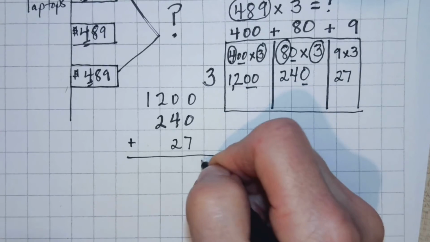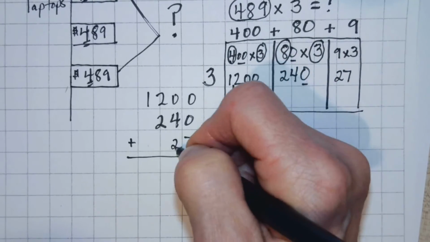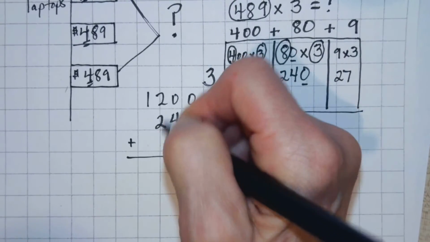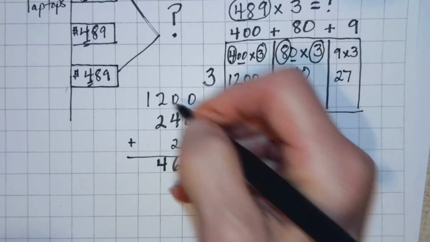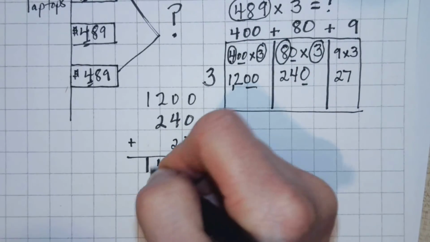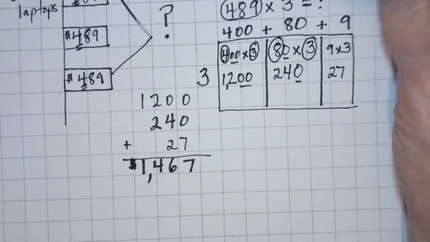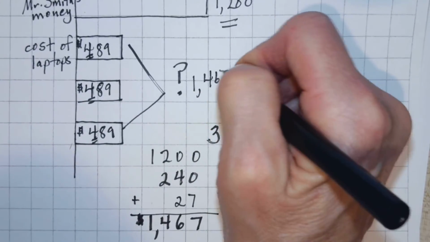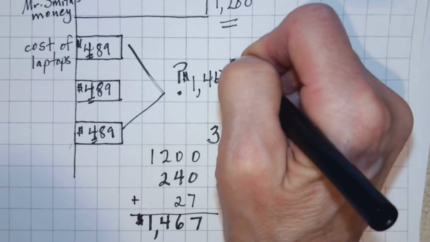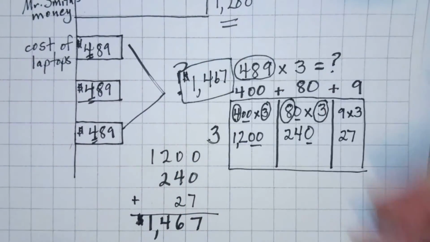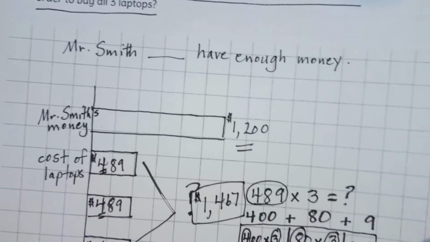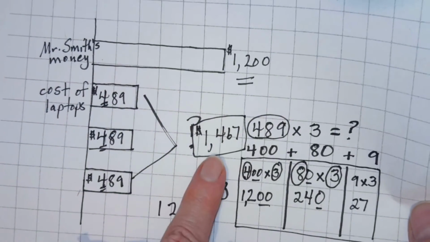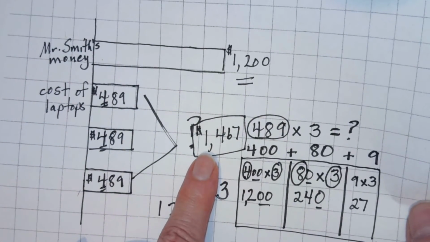Okay, 0, 0, and 7 is 7. 4 plus 2 is 6. 2 plus 2 is 4. And 1. So these 3 laptops together are going to cost $1,467.